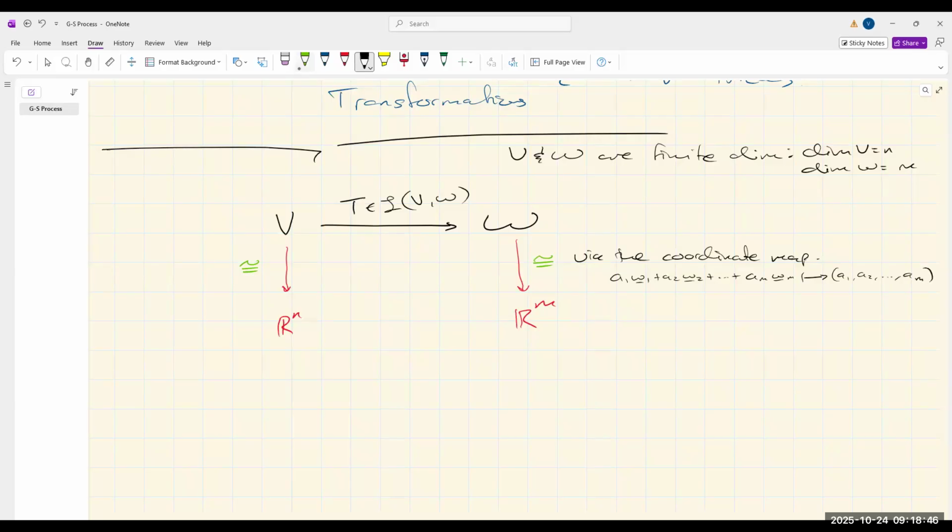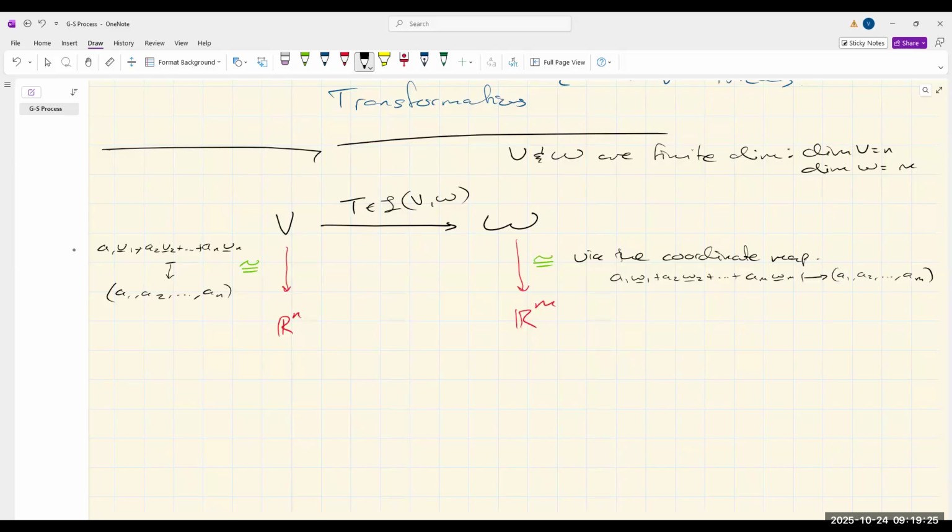So this map is the isomorphism that shows W is isomorphic to Rm, and the map that shows V is isomorphic to Rn is a similar map. You take a1 v1 plus a2 v2 up to an vn, where the v's and the w's are basis vectors, and I map that into n numbers. So I just take out the n numbers, a1, a2, up to an. Okay, so that's the isomorphism map.